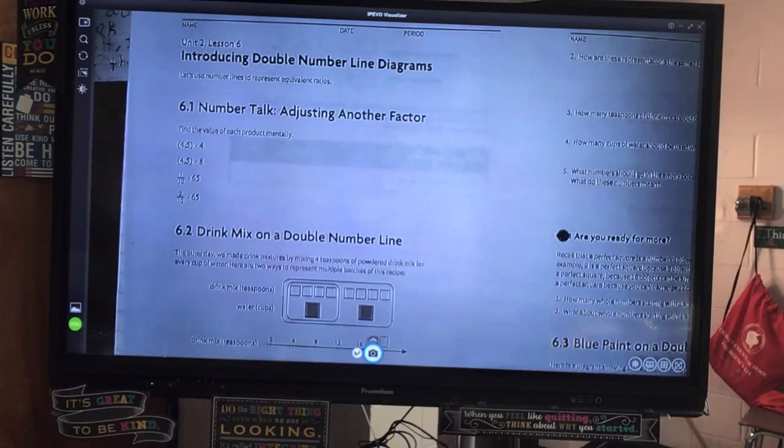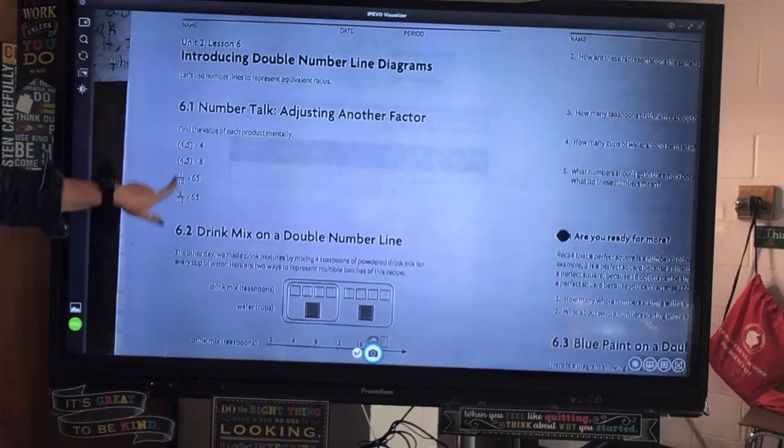All right, so we're going to start with the number talk. And essentially you are finding these problems mentally. I don't want to see any work. All right, I'm going to give you 3 minutes.